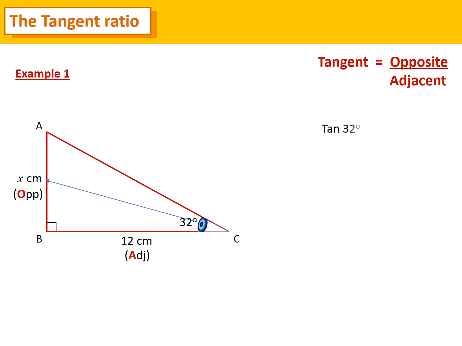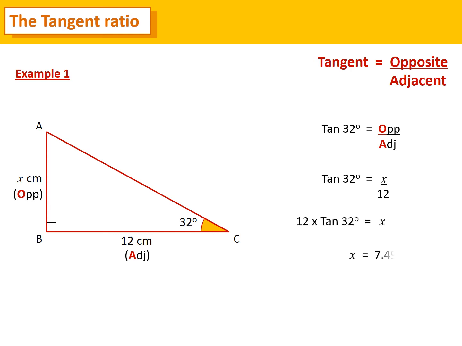So X would represent the opposite side, and BC, which is 12 centimeters, would represent the adjacent side. So tan 32 is opposite over adjacent, that's X divided by 12. Multiply both sides by 12 to leave X on its own. Tap that into our calculators, and we're going to round off in this case to one decimal place.